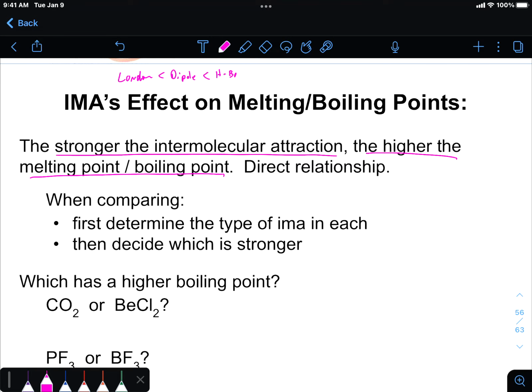Then hydrogen bonding, right? And then the thing is, we have ionic and we have metallic, sorry. And these, some ionic are stronger than metallic, some metallic are stronger than ionic, so there's no clear-cut winner there. So those two flip-flop all the time. But definitely the strongest attractions are the network covalent.